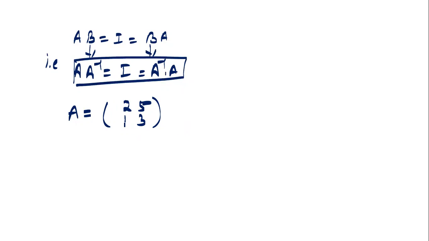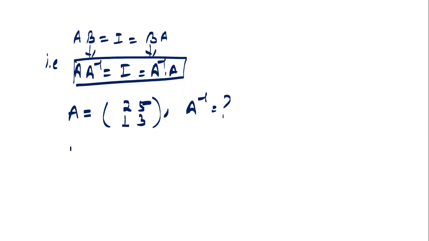As the name suggests, elementary row transformation means in rows we will do some transformation. Which transformations we will do, why we will do them, and what is the purpose of doing them, we will learn here. For example, I want to find its inverse if it exists.